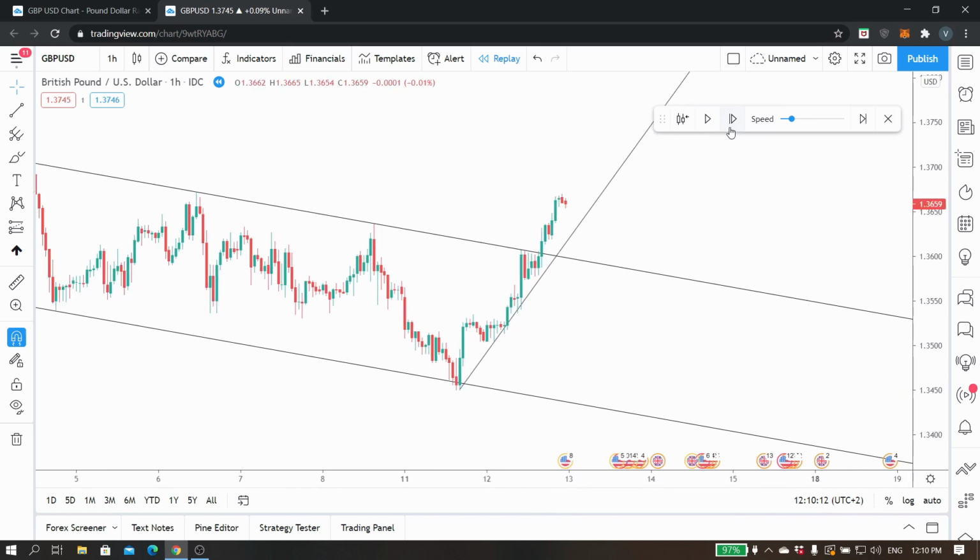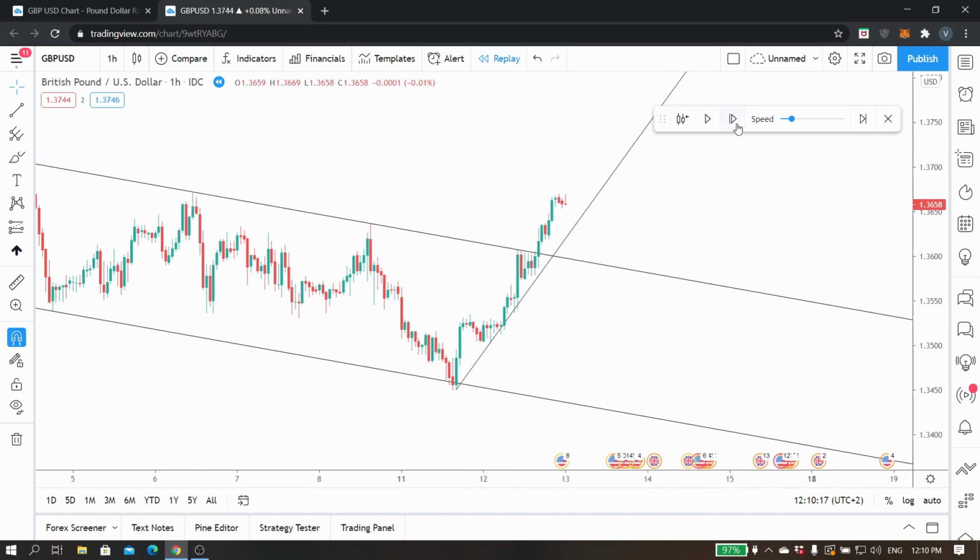So what we could do is draw an ascending trend line when this pulls back. Like a good pullback, price, I don't know, maybe moves up until here.